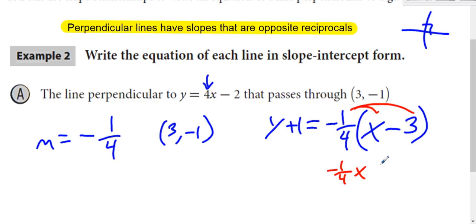Negative times negative is positive, and then you multiply numerator times numerator, top times top, and denominator times denominator, bottom times bottom. So you get 3 over 4 times 1 is 4.